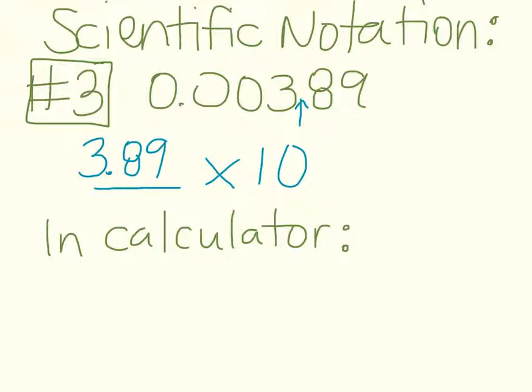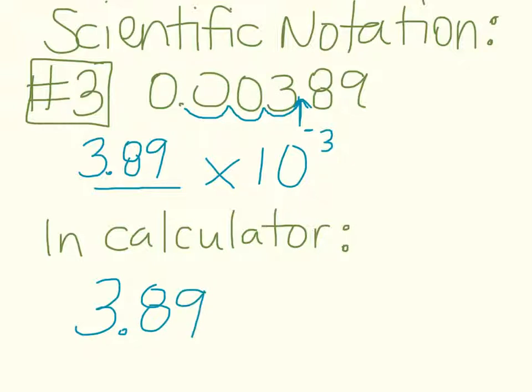So now the question is, if we put the decimal there, how many spaces do we need to move it back to get it to the original number? So we have to move it 3 spaces over, but those are in the left direction, so that means it becomes a negative 3. Now if you were going to type this number into the calculator, remember you type in the coefficient, so 3.89.